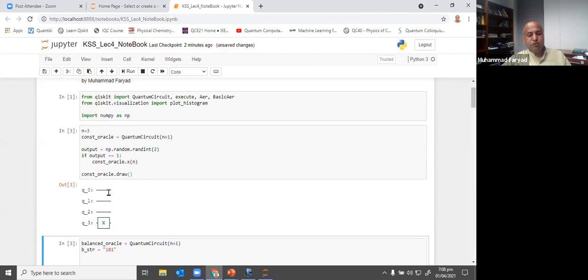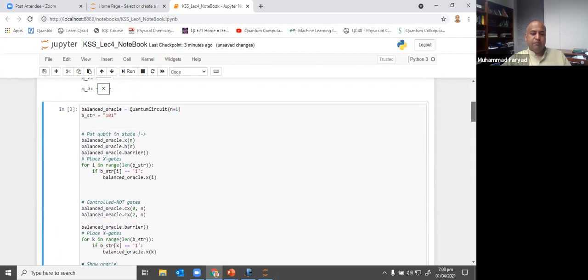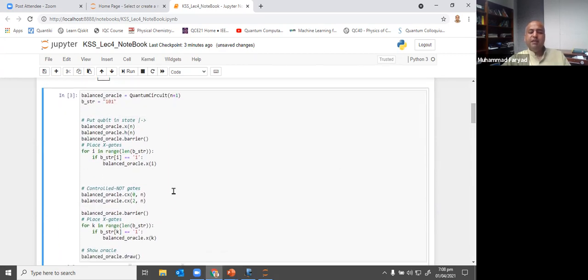I'm keeping the inputs as they are, but I'm having the ancilla qubit with an X gate, which flips the 0 into 1. So which is essentially equal to multiplying the input state with minus. And then I have a circuit for the balanced oracle. But a balanced oracle can be prepared in many ways.